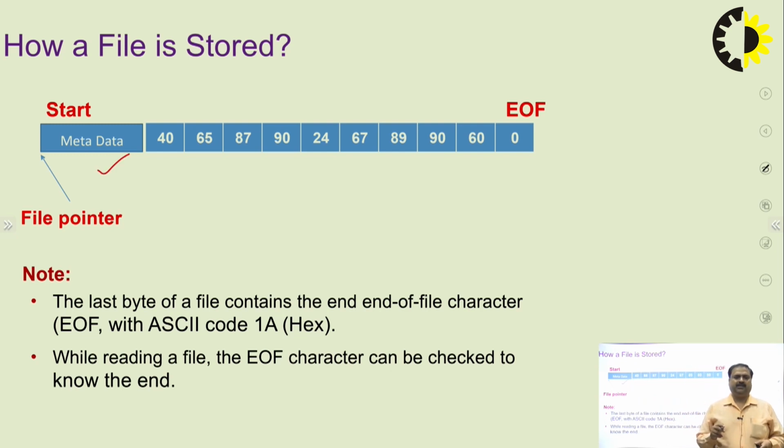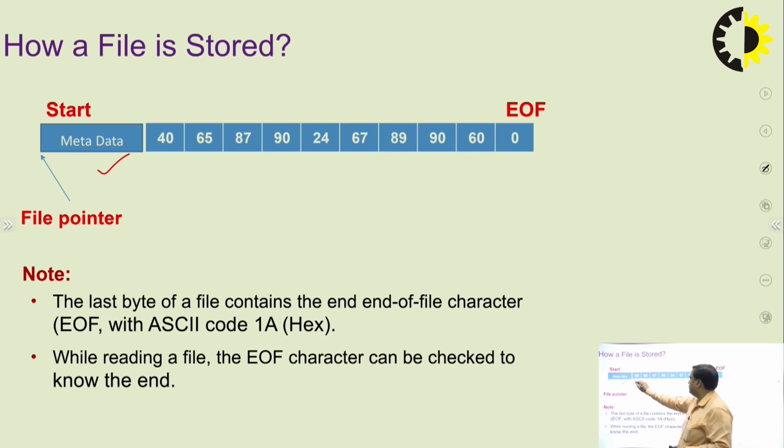Metadata is basically data about data. In terms of files, metadata contains the name of the file, the storage location of the file, the access rights of the file, the type of the file, and some security information. That information is stored in the form of metadata and attached at the beginning of the file.